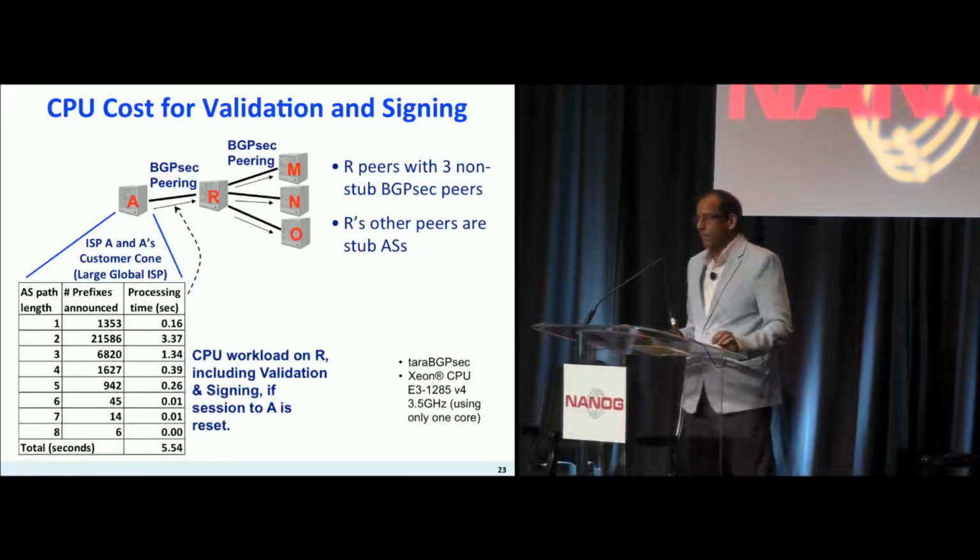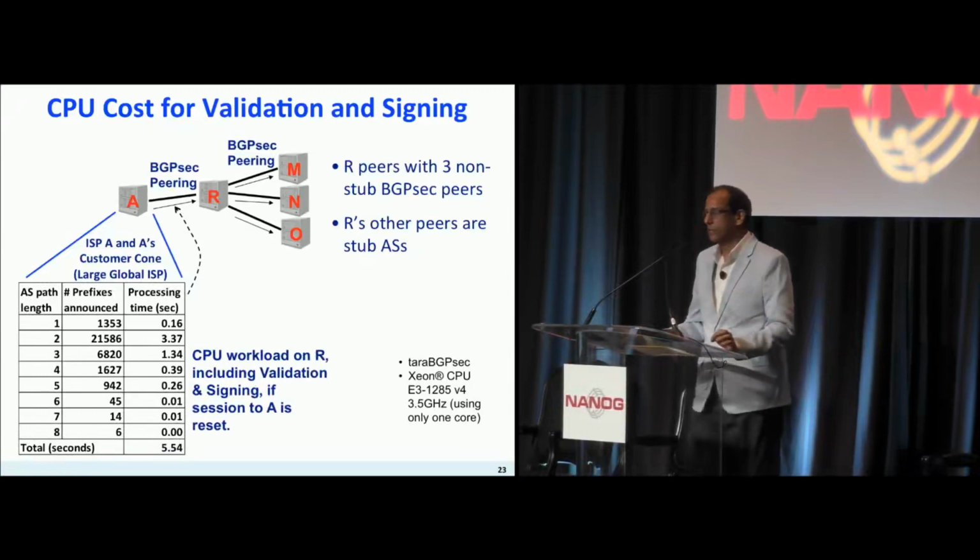So if the session between A and R goes down and comes back up, what is the reconvergence time at R? R has to receive 32,000 BGPsec signed updates, verify all of them, and it has to sign each one of them once towards each of the 3 peers M, N, and O. So that's the kind of processing that's involved, about 30 times, on average, maybe 30 times 4, so 120,000 verifications, and 30 times 3 peers on the right, that's 90,000 signatures.